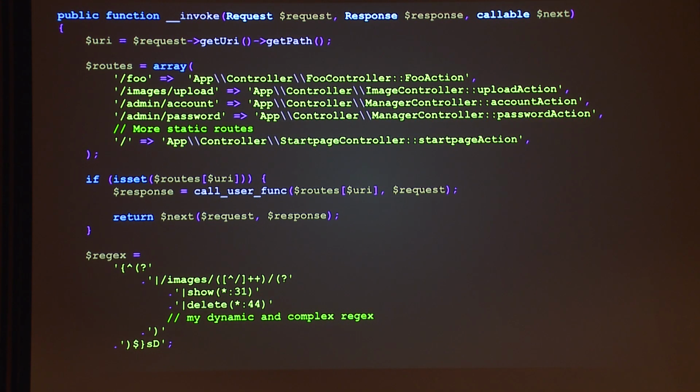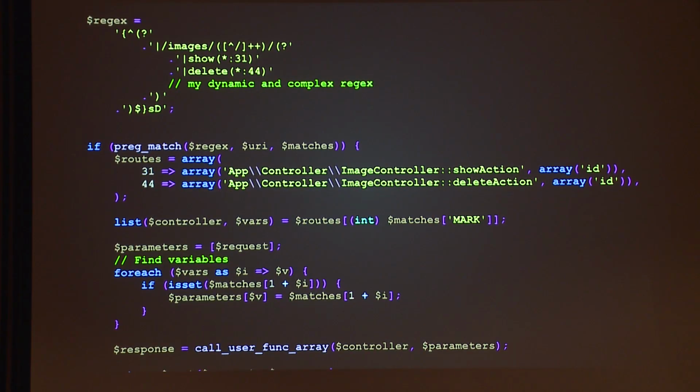In that array the URL is the key, and the controller, or the string representation of a controller, is the value. So with one if statement, you can check, does this URL exist in this array? And you know if it's a static route or not. Even with 100,000 routes in your static array, you can with one if statement see if it's a match. That's pretty convenient.